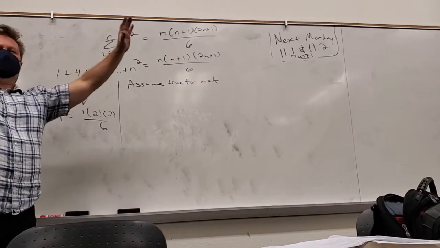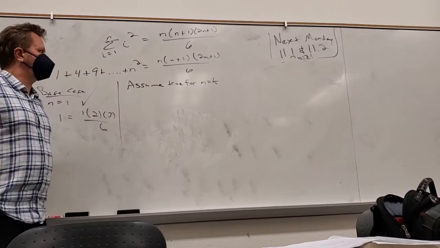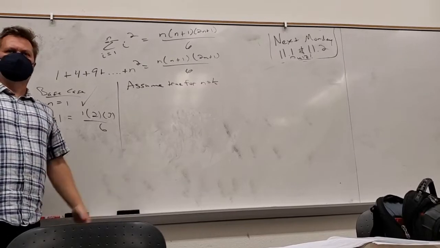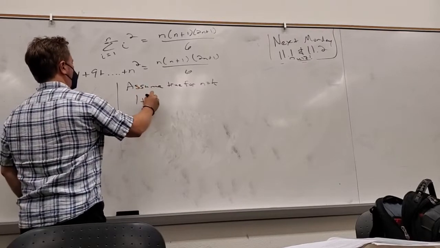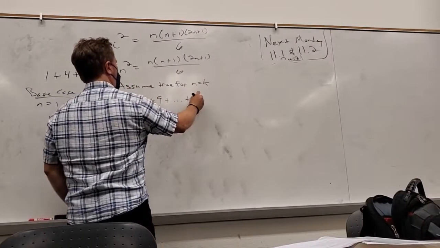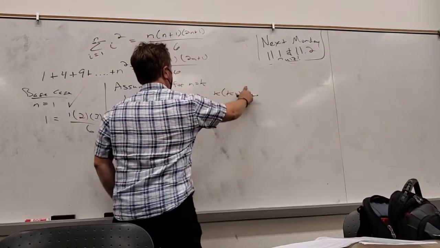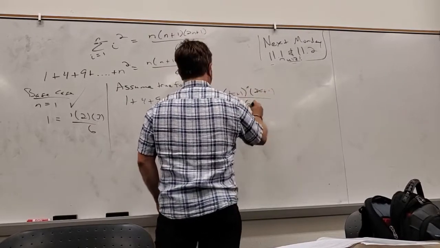So on one level I know we're just trading variables, but there's a very specific reason we have to do that for a specific value of n. Let's call that k. We're assuming it's true for that. So what would this be? 1 plus 4 plus 9 plus ... plus k squared equals k times k plus 1 times 2k plus 1 over 6. Okay.